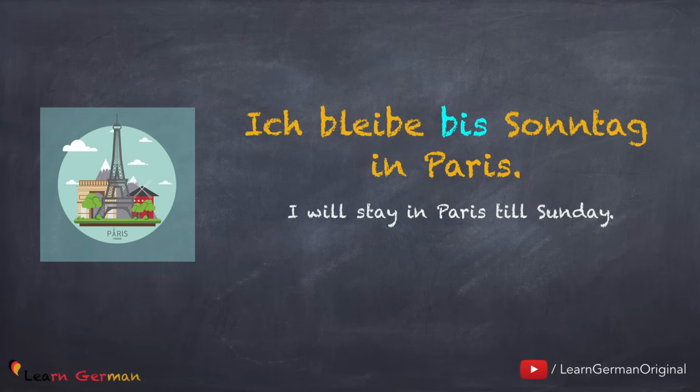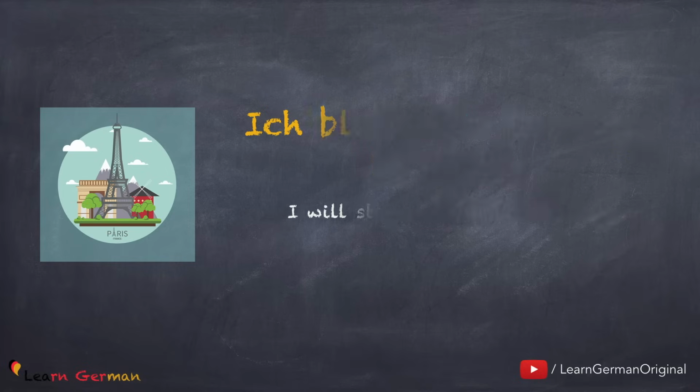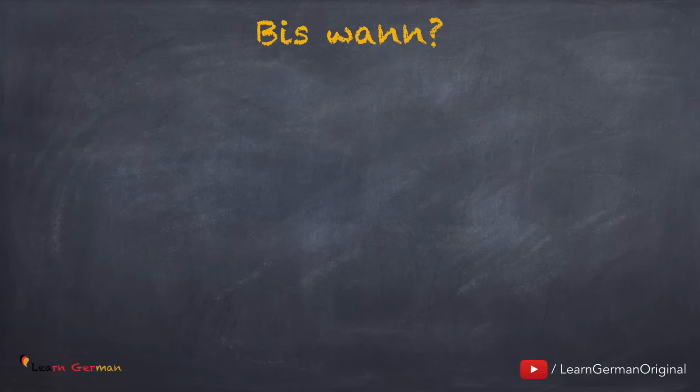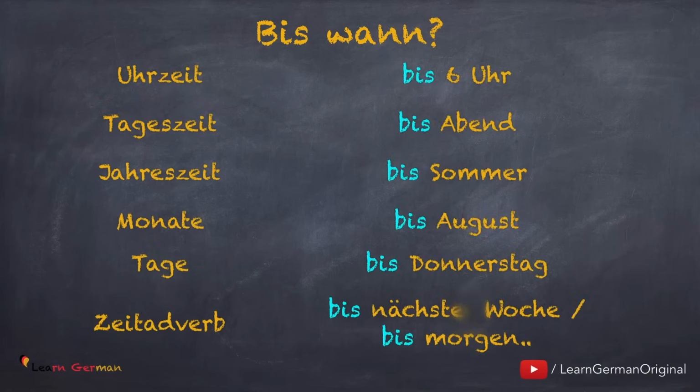Ich bleibe bis Sonntag in Paris. In both the sentences, we have used time or day. You can also use Tageszeit, Jahreszeit, Tage, etc. as shown in the table. You can pause the video if you want to go through all the examples here.